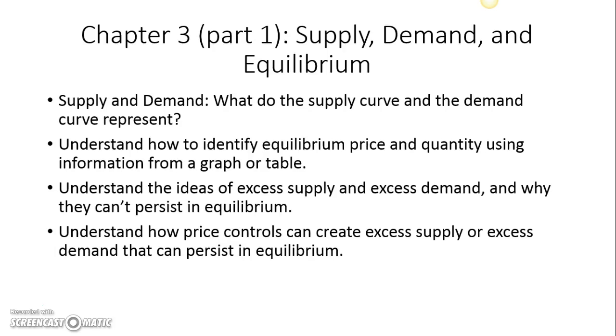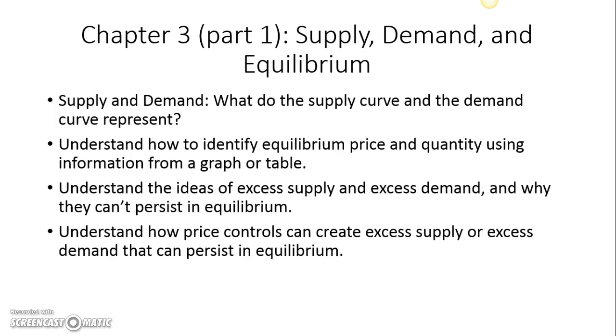Moving on to the first part of chapter 3, we understood supply and demand and how those two curves are created, what they represent, and then understanding the equilibrium price and quantity using the supply and demand curves. And so remember, equilibrium is just where supply equals demand, and that equilibrium is really stable, and the market brings itself to equilibrium.